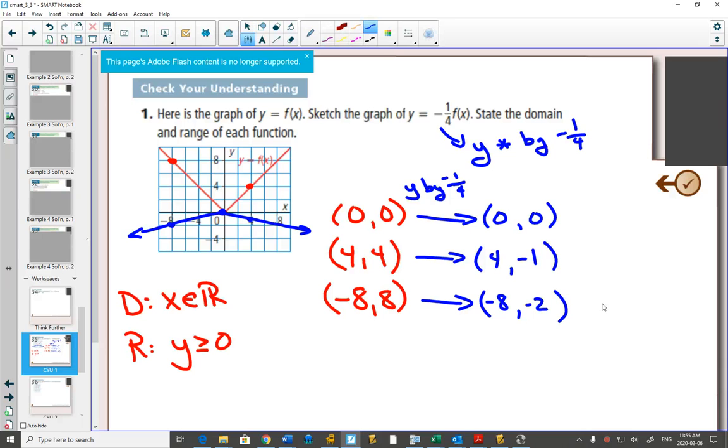For my blue graph, the domain is still everything, but my range now doesn't have a smallest value, but it has a biggest value at 0, so y is less than or equal to 0.